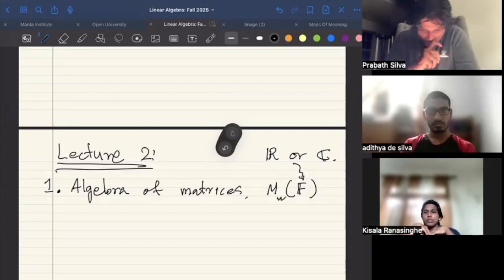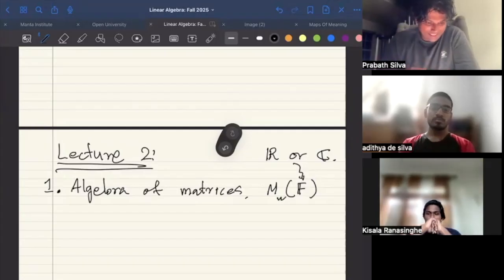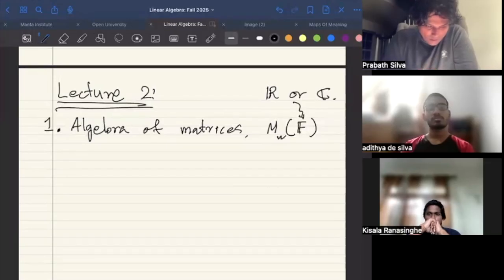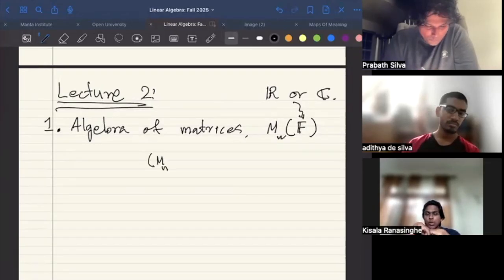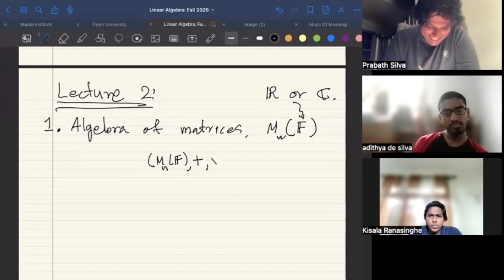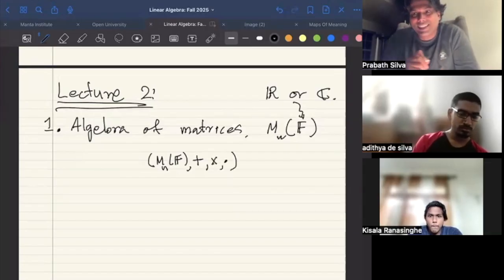So let me write down this picture. This is what we are after: M_n(F), addition, multiplication, and scalar multiplication.